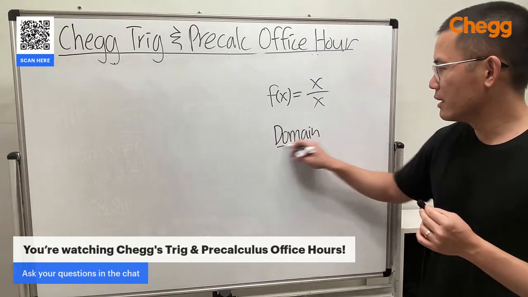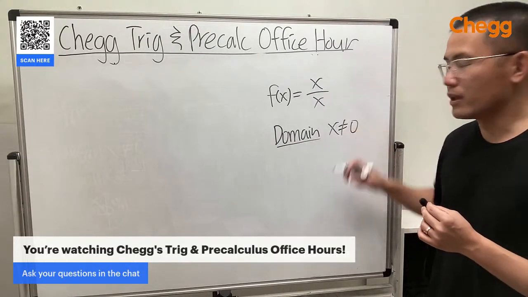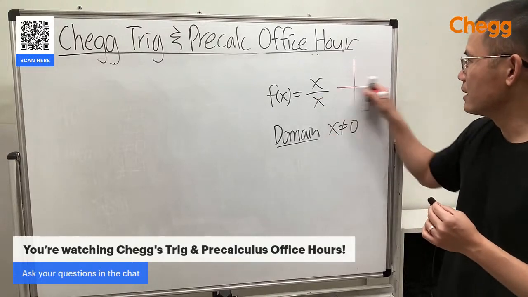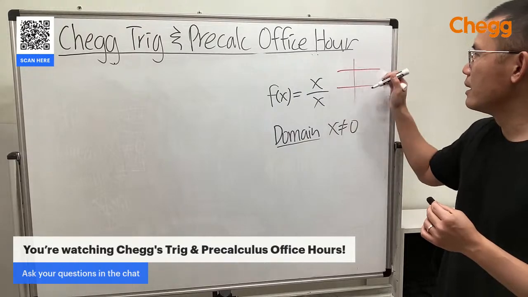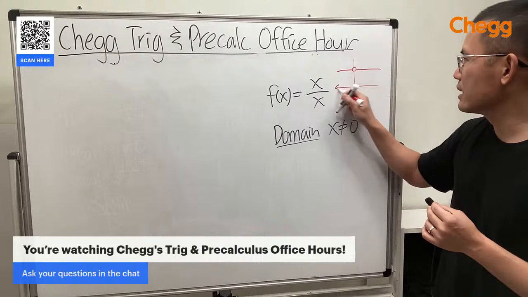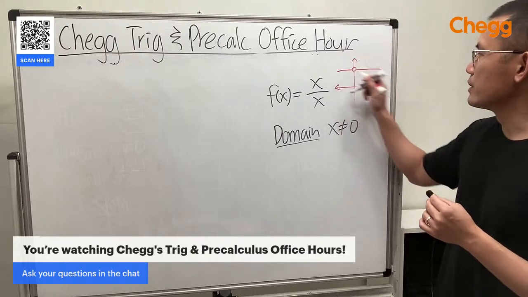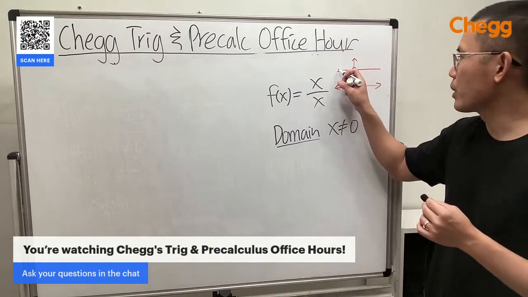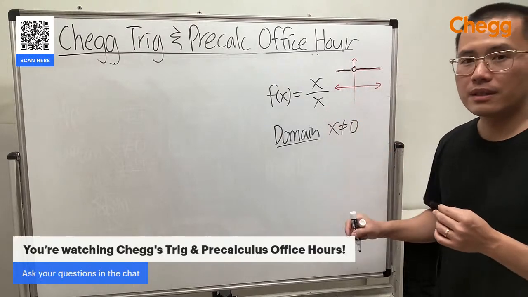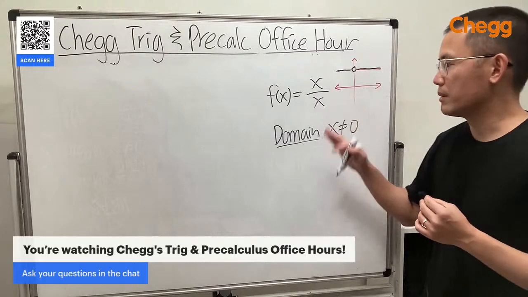Domain, x cannot be 0. This function looks like this. I know it's 1, but because of how it's written, you have to really get rid of the 0. I'll probably make it like this to make it stand out. So this is not 1.